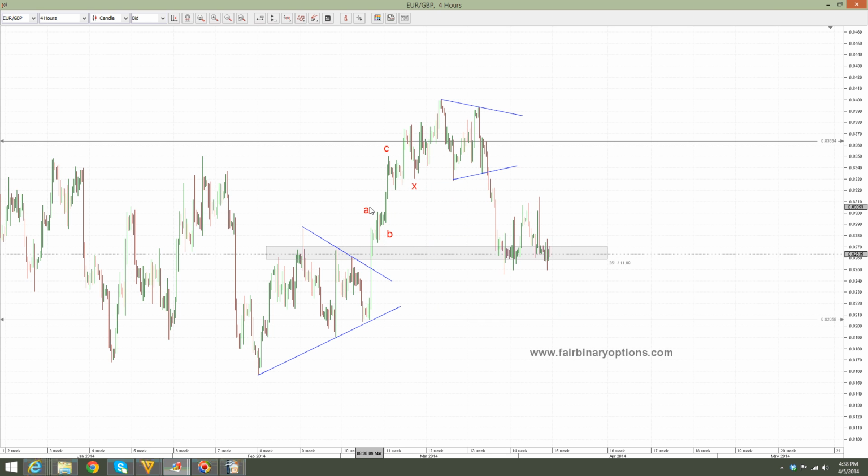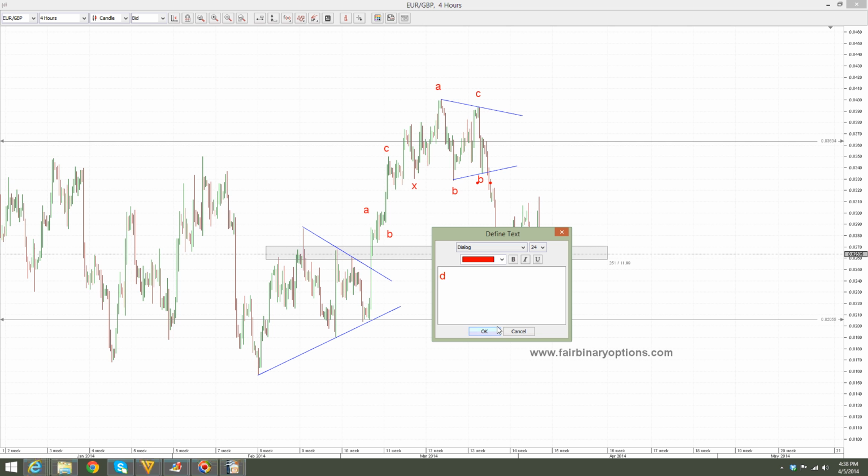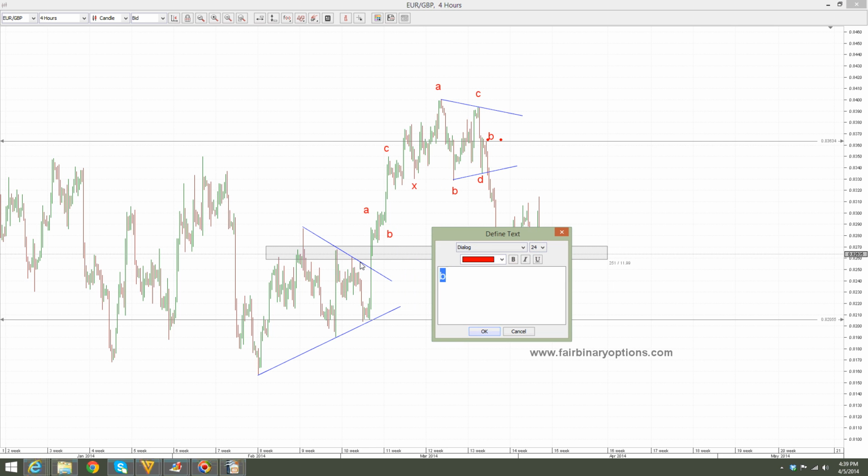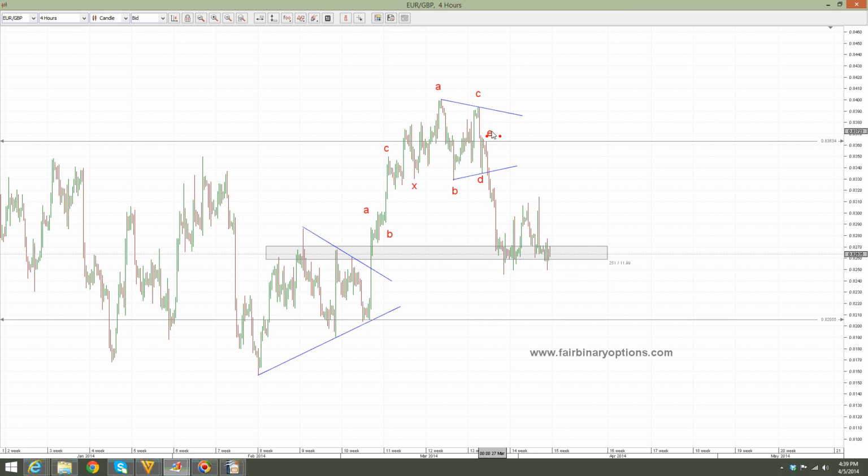And then we had another wave A to the upside, the B wave, the C wave, A, B, C, looking at the D wave here, and an E wave to the upside, A, B, C, D, E, and therefore this should be the end of a leg of a triangle. I would say a wave A of a bigger degree.